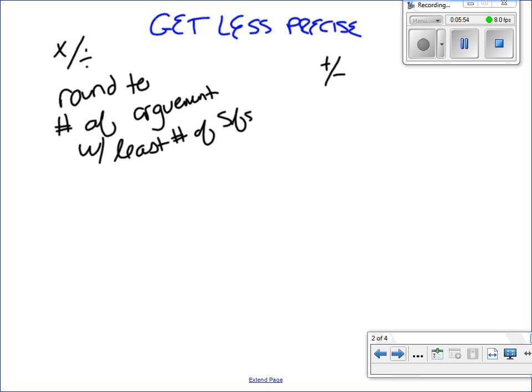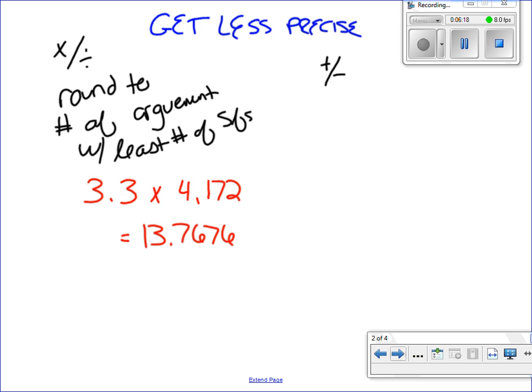So if I have numbers like 3.3 times 4.172, punch that into your calculator. 3.3 times 4.172, my answer is 13.7676.